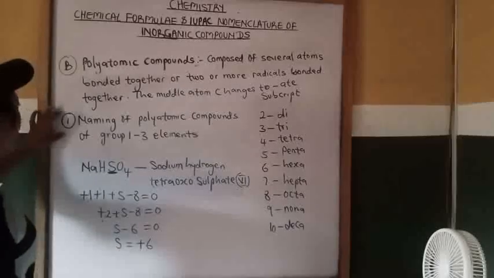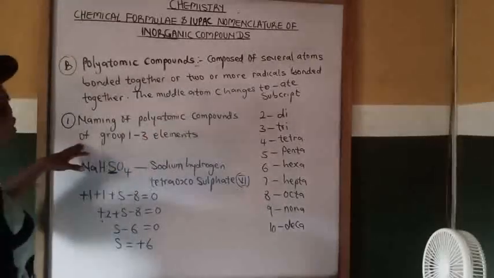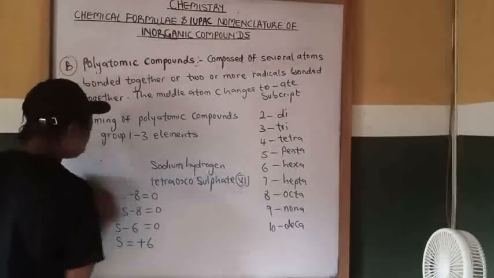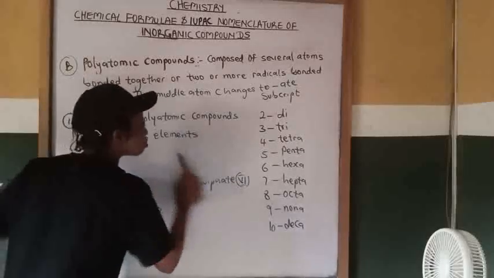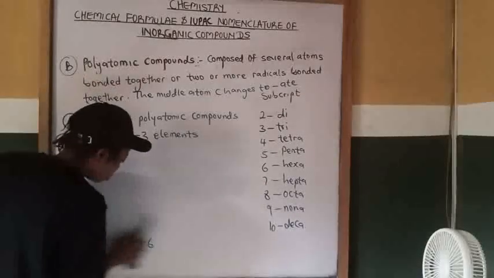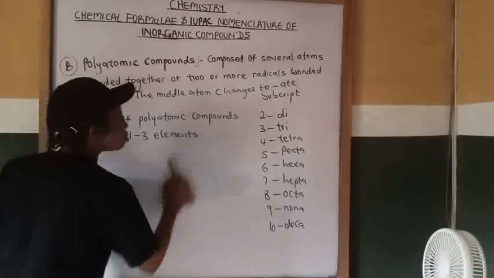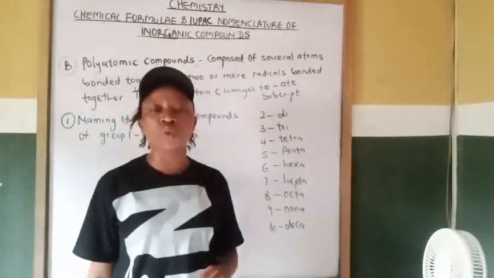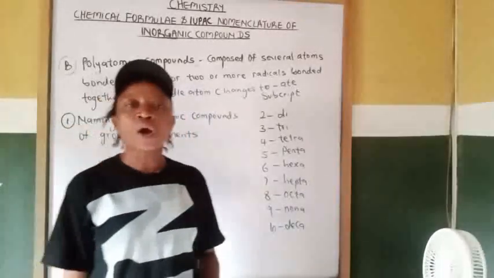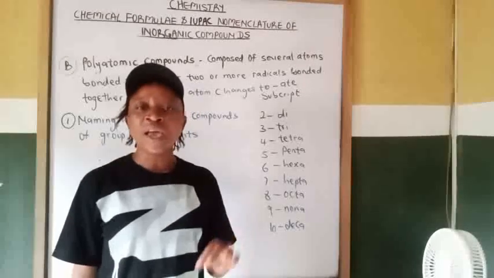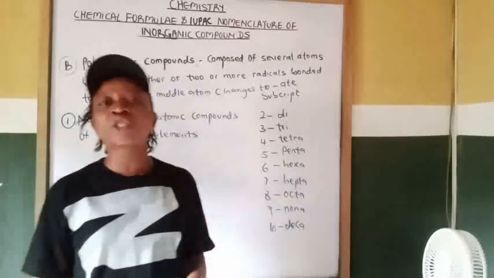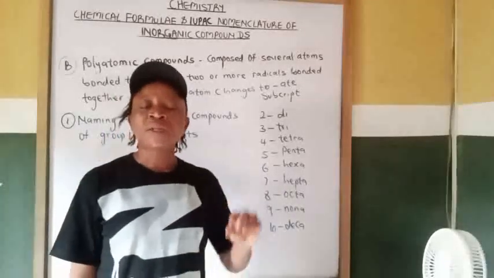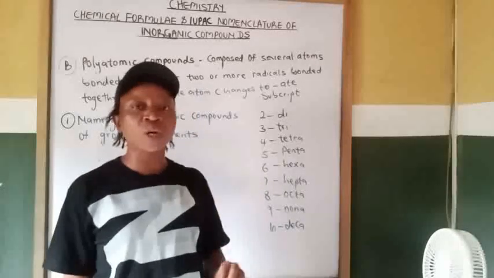So let's move to the second aspect, naming of polyatomic compounds of transition elements. When you are naming polyatomic compounds that consist of a transition element, you name that transition element first, followed by the oxidation number of that transition element.